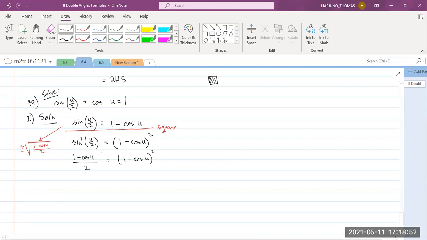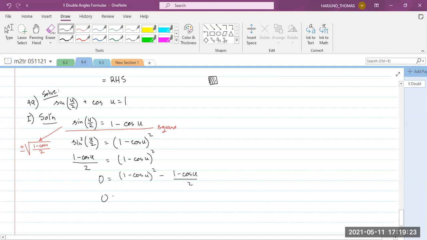Okay, now because this is quadratic, you can FOIL if you like. The way I see it, you actually have a common factor, 1 minus cosine u. So I will do this kind of strange manipulation. I know it's strange. 0 equals 1 minus cosine u squared minus 1 minus cosine u over 2.